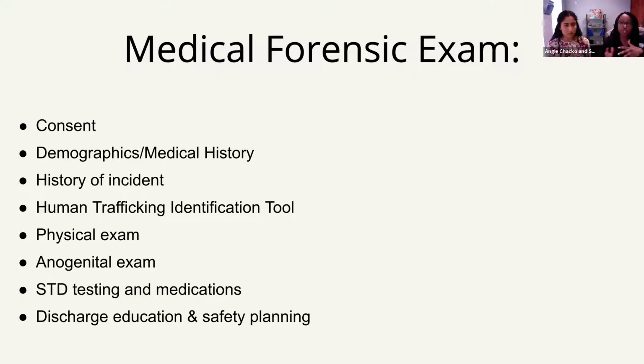Essentially, we are treating them as a just in case you've gotten any sort of sexually transmitted diseases. Let's go ahead and give you a one-time dose. And if anything comes back positive, we'll see if we need to continue with medications moving forward. We also do discharge education and safety planning, and we'll discuss what that looks like to be a little bit different for our victims of human trafficking.